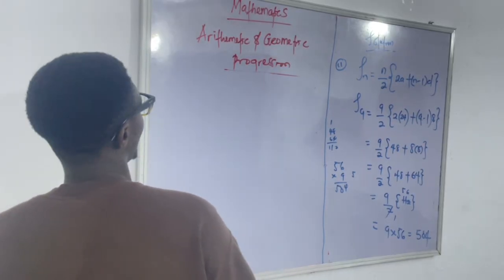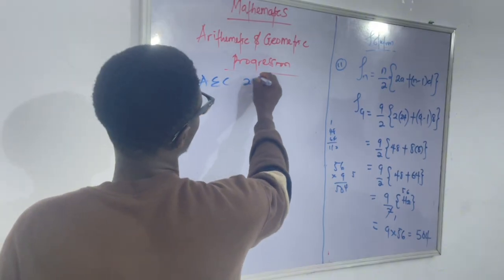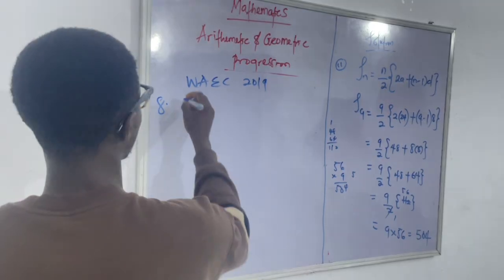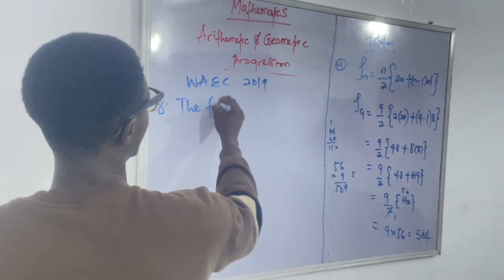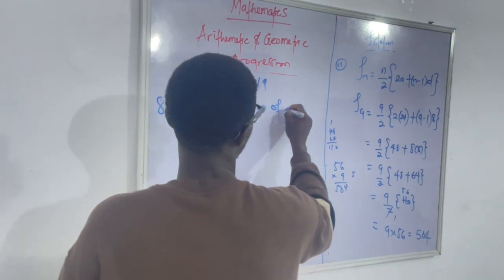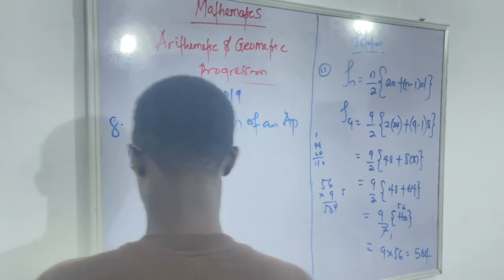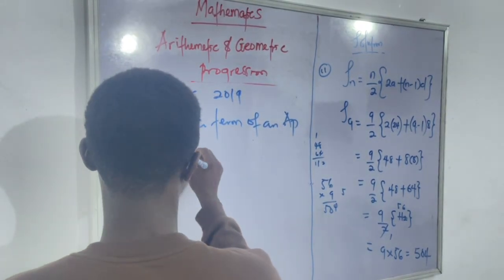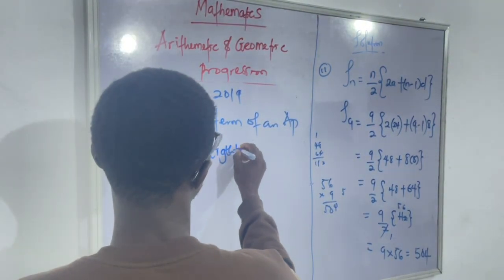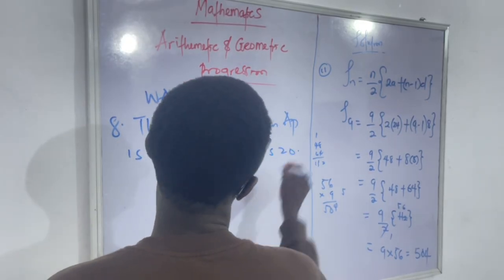Okay. So, WAEC 2019, question 8. It said the fifth term of an AP is 11, and the eighth term is 20.